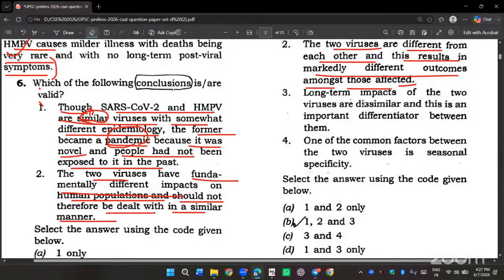Instead of making positive statements, I will make a negative statement. Long-term impacts of the two viruses are, if I put similar, that is one meaning, dissimilar, another meaning.